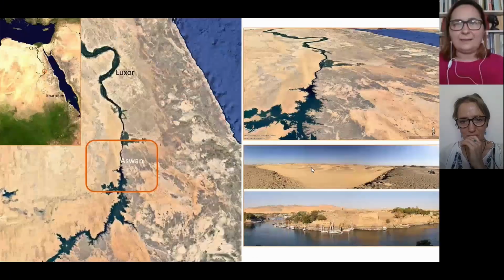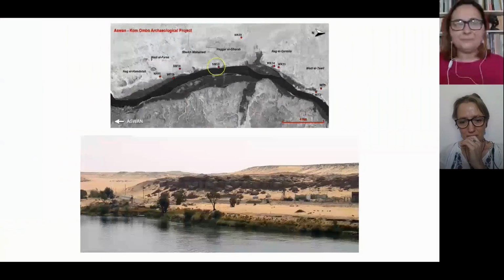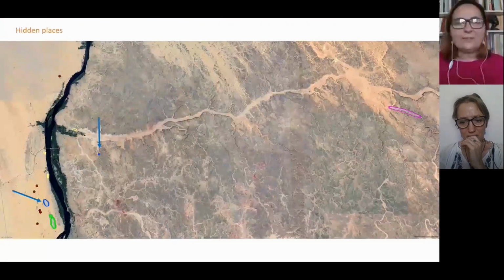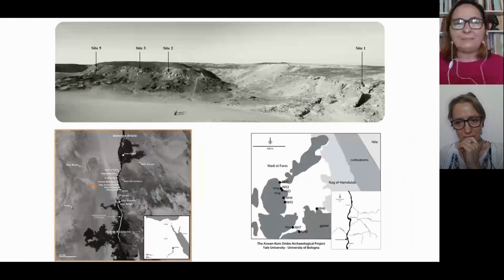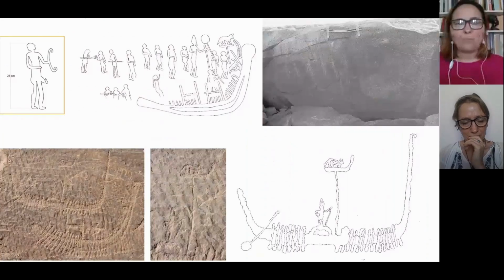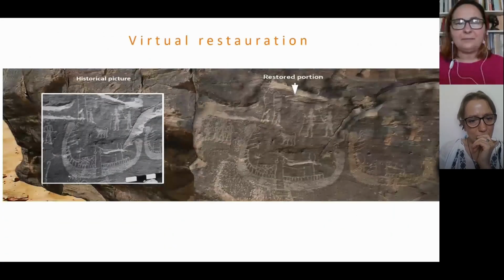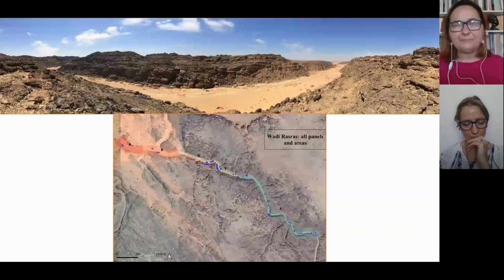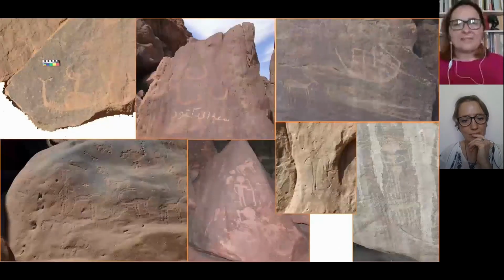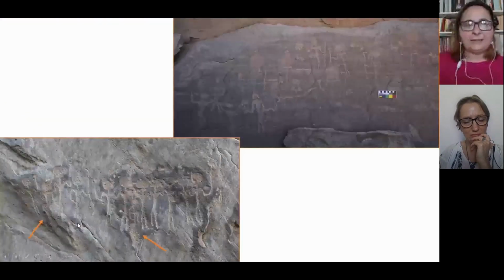Well, actually, let me share my screen again, because there are some representations that may be interpreted as some kind of dancing, like in this case.